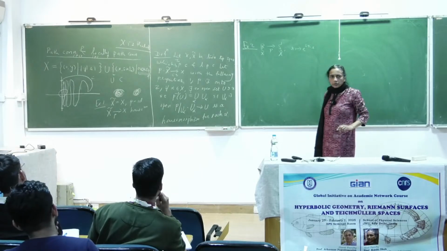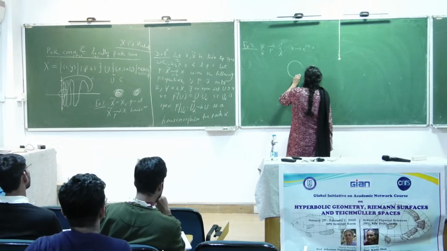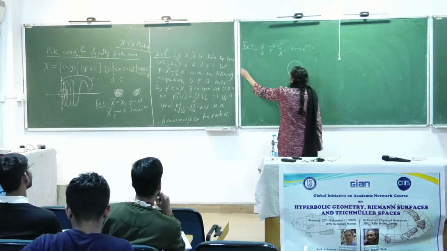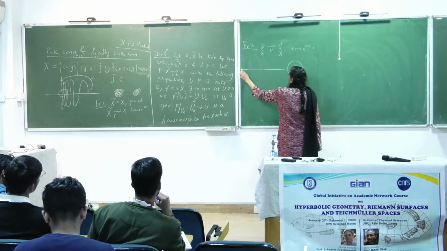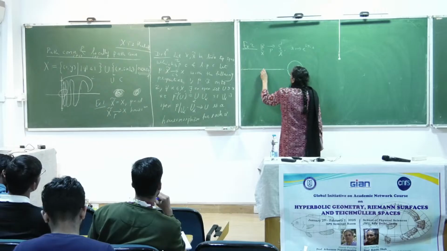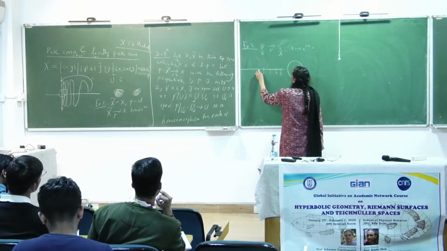Okay, so what happens? Here you have a circle and here you have a real line. Of course it goes in both directions. So this is 0, 1, 2, 3 and this is -1.